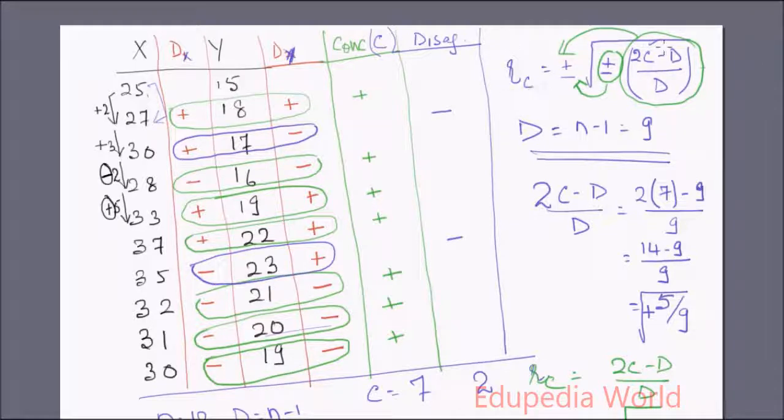So that will determine whether your correlation is positive or negative. Okay, so in this case our correlation value RC is positive, and the value is equal to the square root of 5/9.